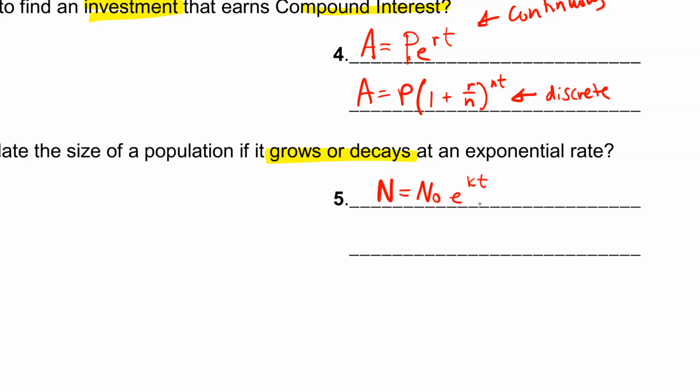K is the rate, but it's not just rate because it can be positive or negative. Normally for money, it's always a positive rate. Maybe you're losing your money, leaking money, but it's still a positive interest rate. But you can have something that's decaying, getting smaller. And similarly, our second equation is N equals N naught times (1 plus r) to the t.